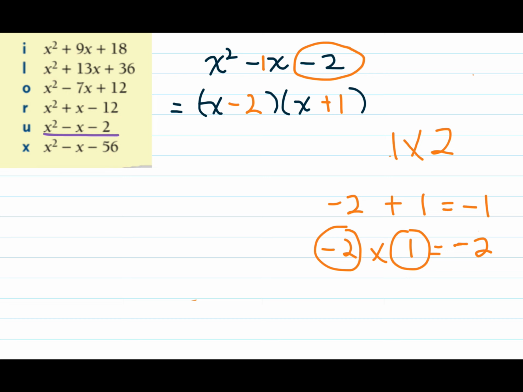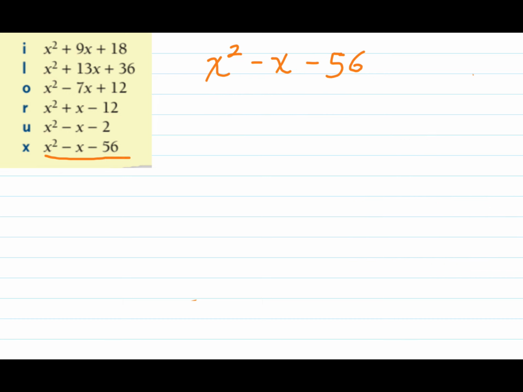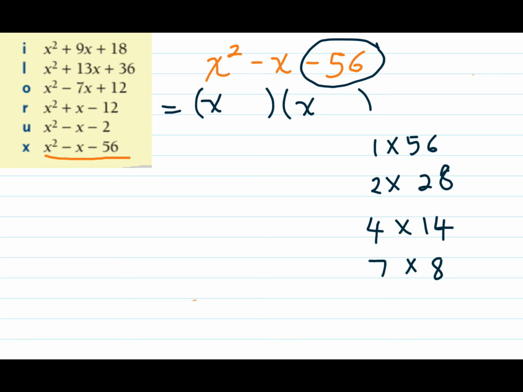Last question. Okay, so again, let's get our brackets. We have negative 56. Let's get factors of 56. So when we look at the factors, we see that 7 times 8 gives us 56. One of them has to be negative because this is negative 56.